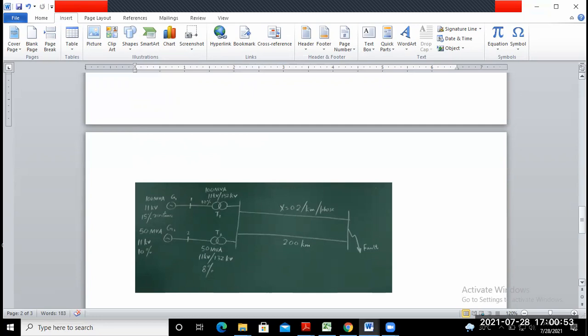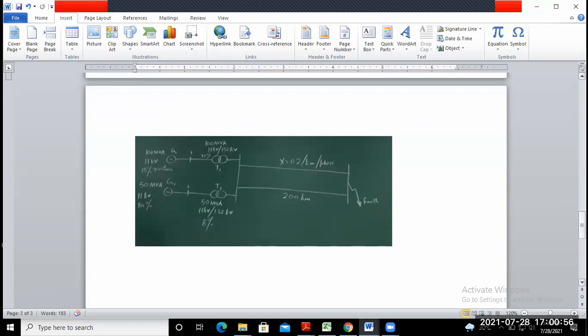Next, calculate the equivalent EMF value, then calculate the Z value, and then follow the same procedure as before. Step 1 is already given in the problem, that means the single line diagram is already drawn. Now you have to find the fault current or short circuit MVA, so the next step is the second step. In the second step, you have to represent all the reactance values in per unit in the single line diagram.